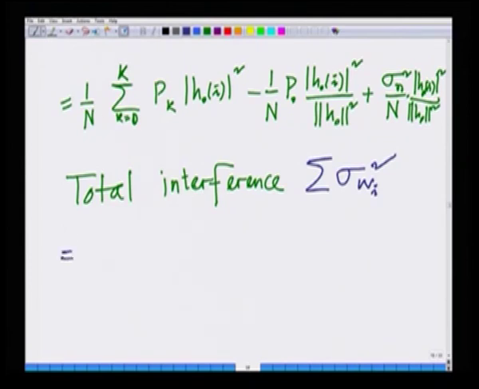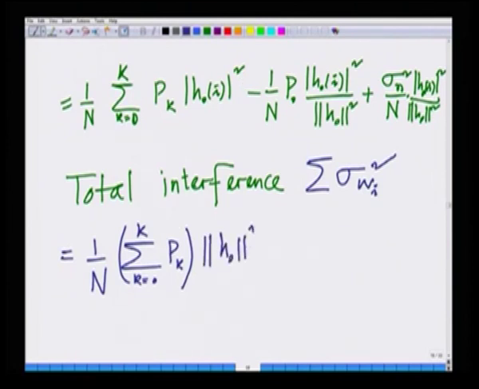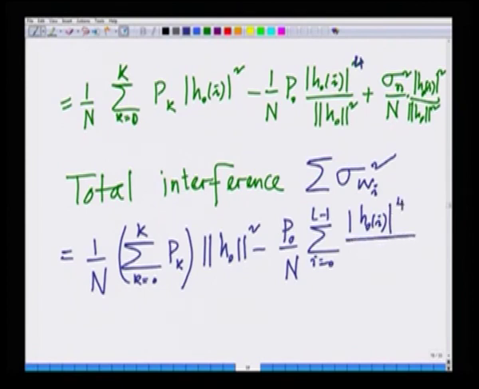That is nothing but 1 over n, summation k equals 0 to capital K, P k times summation over all paths, which gives magnitude H 0 square, minus P 0 over n times summation i equals 0 to L minus 1 of magnitude of H 0 i to the power 4, divided by magnitude H 0 square. It should be a power of 4 over here.